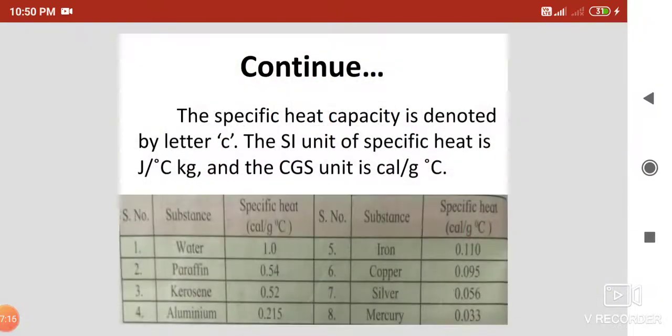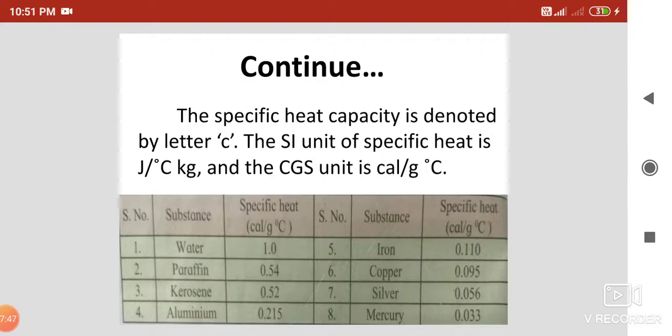Then you can see on the table that different substances and their specific heat capacities are mentioned. The specific heat capacity is denoted by the letter small c. Its unit is joules per kilogram per degree Celsius, and the second, the CGS unit, is calorie per gram per degree Celsius.